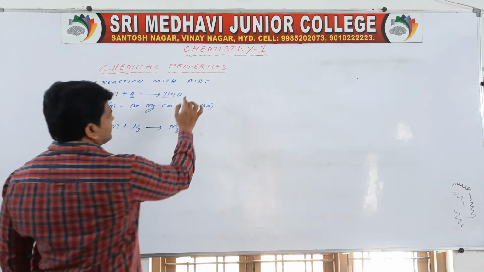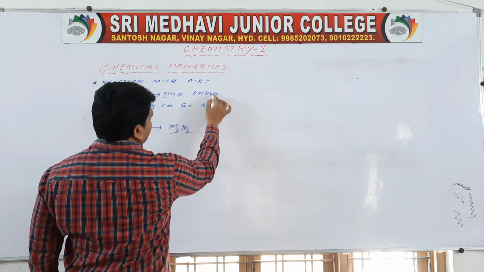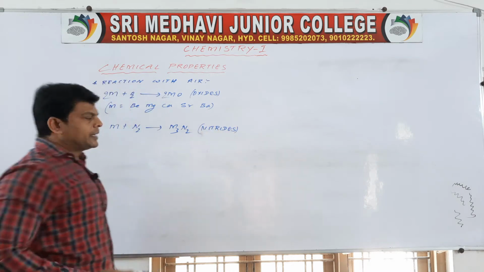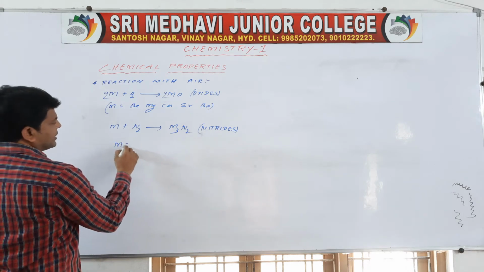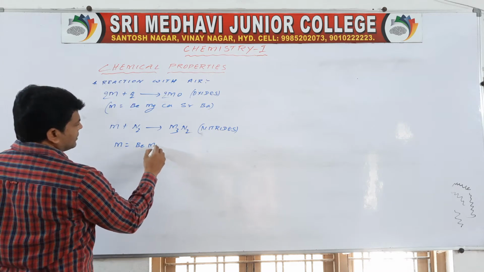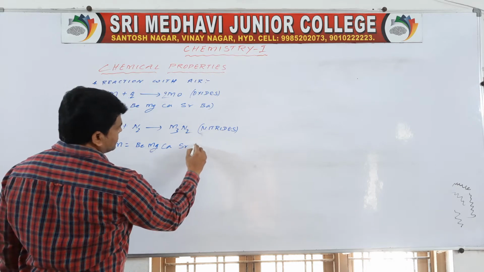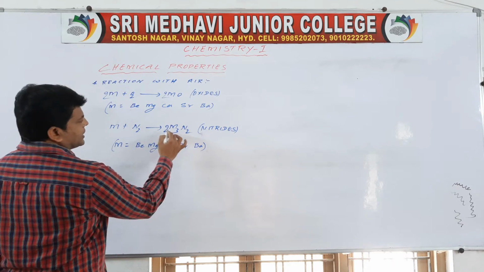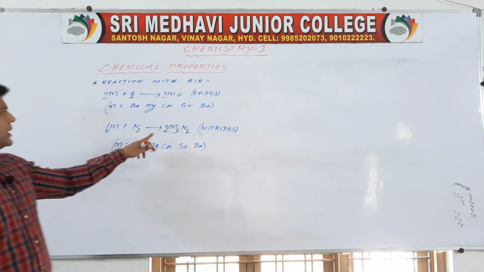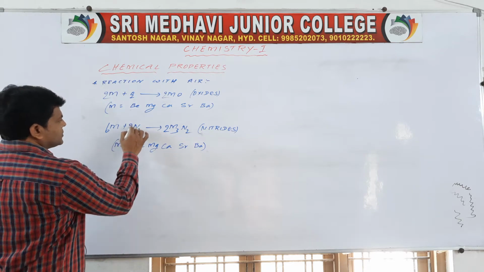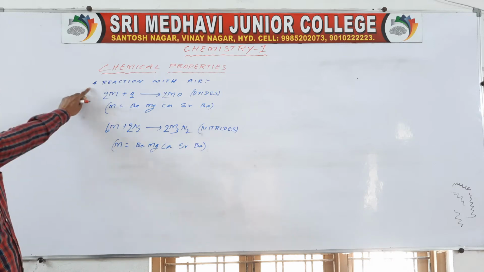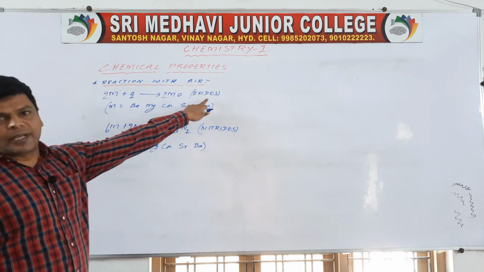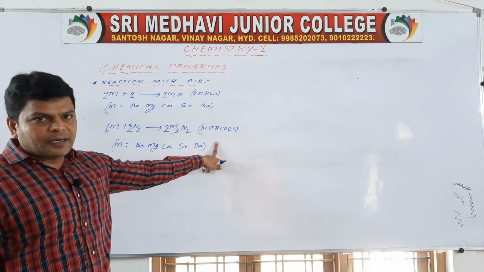These are oxides, and these are nitrides. For example, here M equals beryllium, magnesium, calcium, strontium and barium. For balancing, if you take 2, 2 3s are 6M and 2 2s are 4. It is balanced. So what I mean to say, second A group elements react with air and form corresponding oxides and corresponding nitrides. Understand?